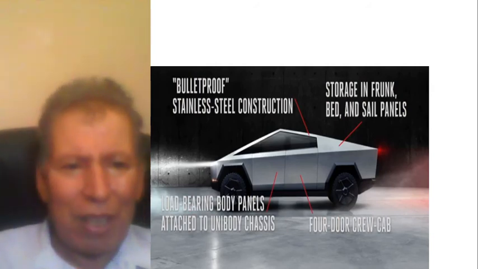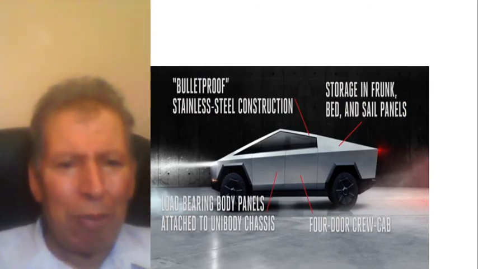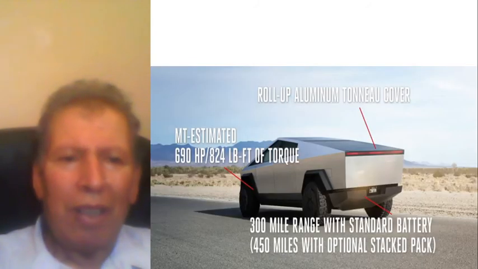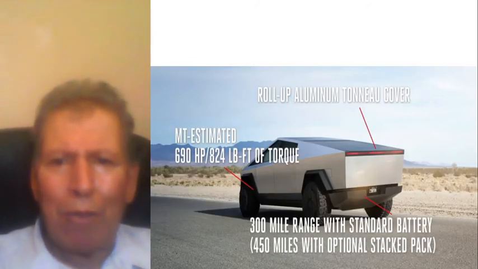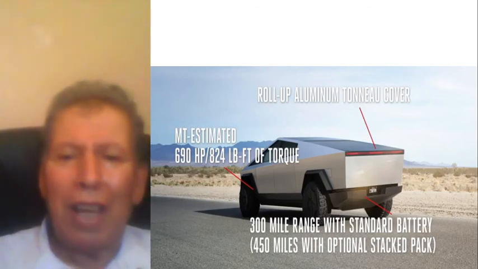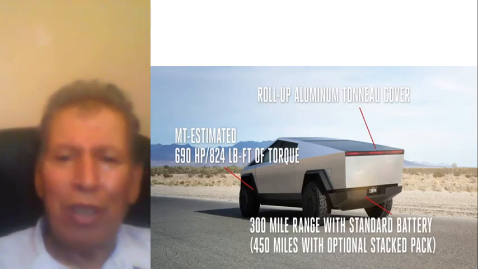It can carry lots of things. Load-bearing body panels attached to unibody chassis, 4-door crew cab. Roll-up aluminum tonneau cover. It can roll up and it can convert into a real pickup.